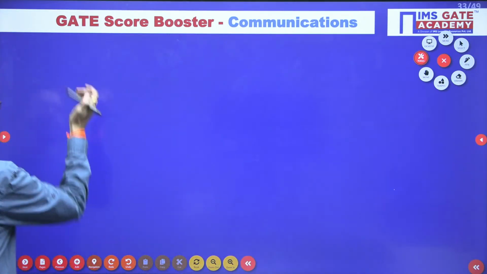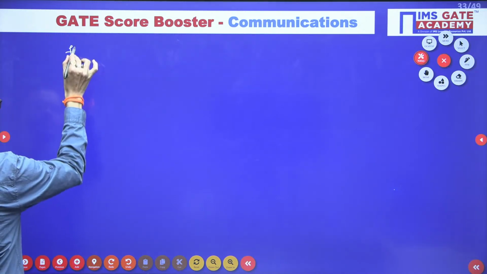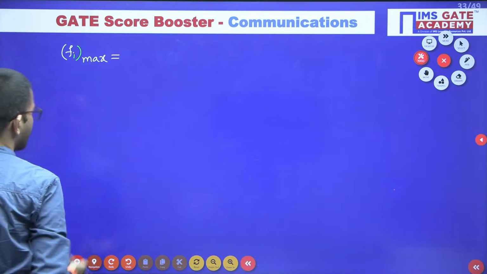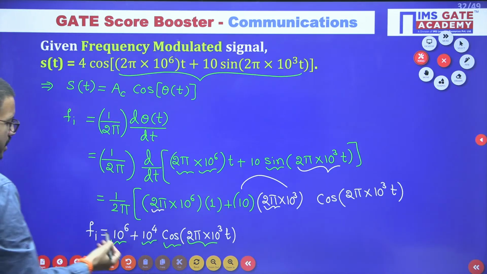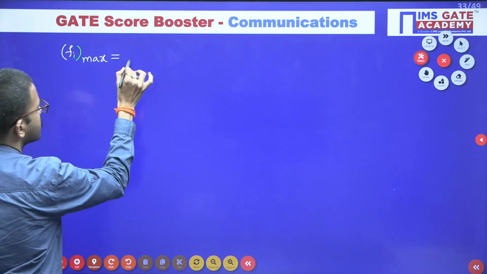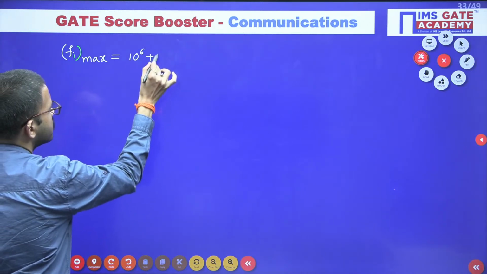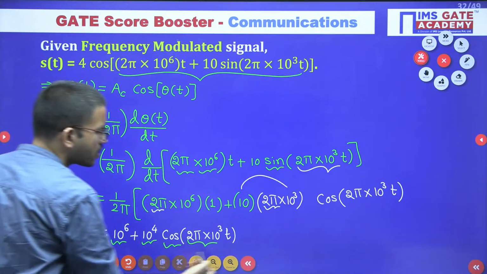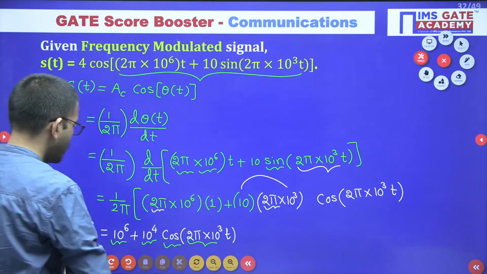So now I am writing Fi max, instantaneous frequency max, which is nothing but 10 power 6 plus 10 power 4, by considering the cos value as +1.